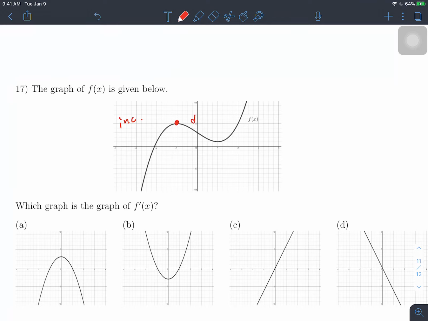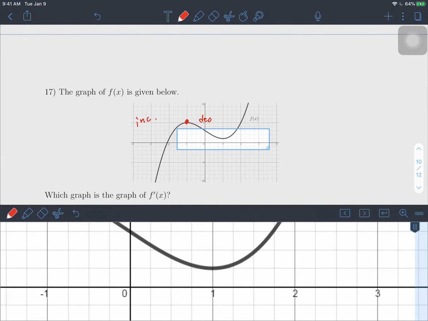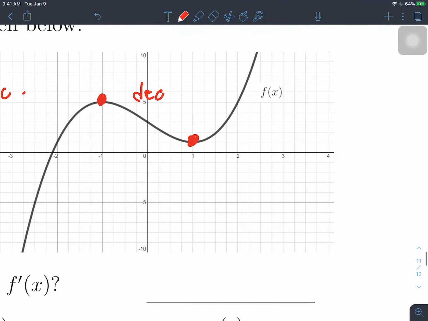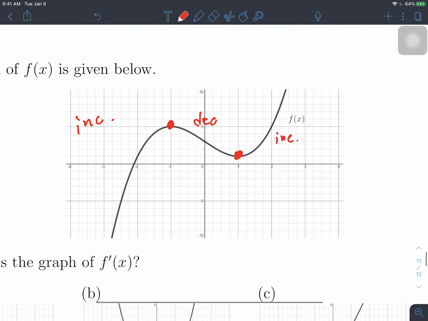And then we're decreasing for a while. And then after we hit this point here, that's another turnaround point, and we're increasing after that. So we have an increasing function where f prime should be larger than 0, and then we should have a period where f prime is less than 0, and then we should have a period where f prime is again larger than 0.